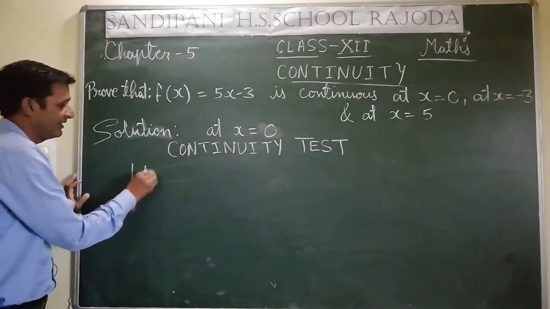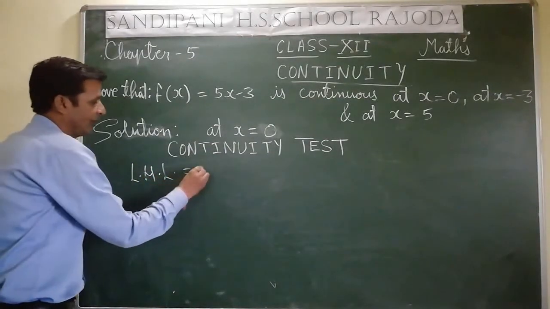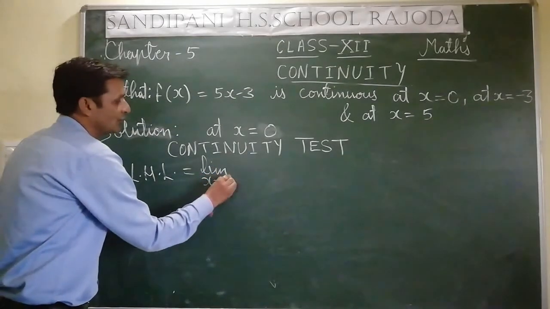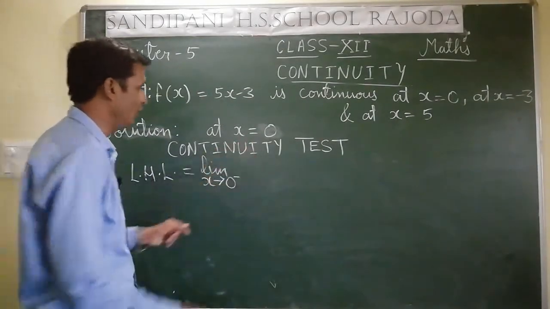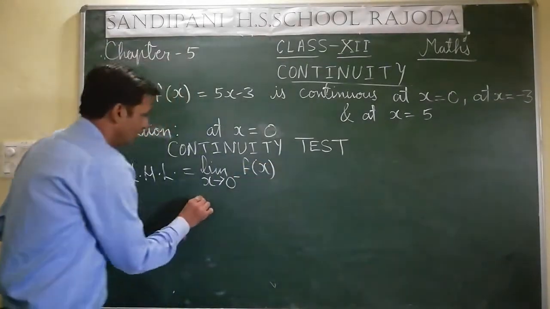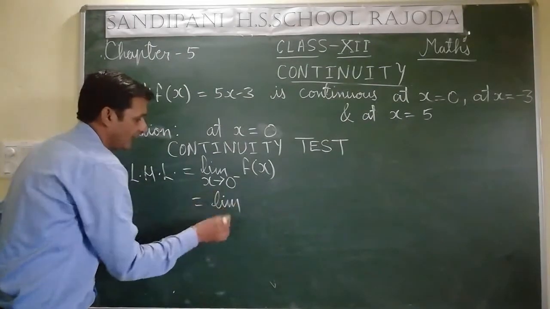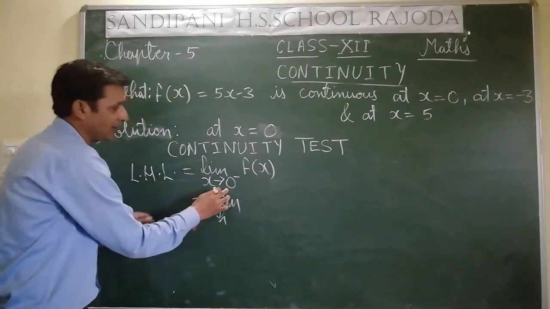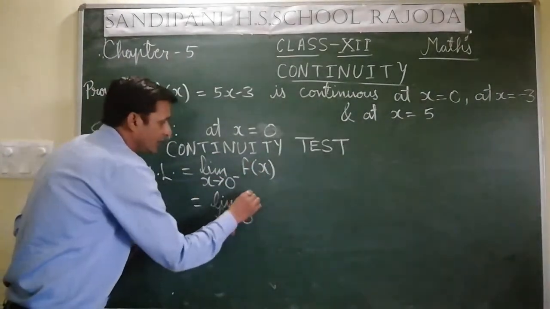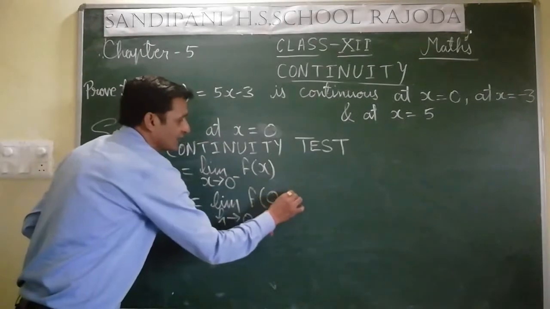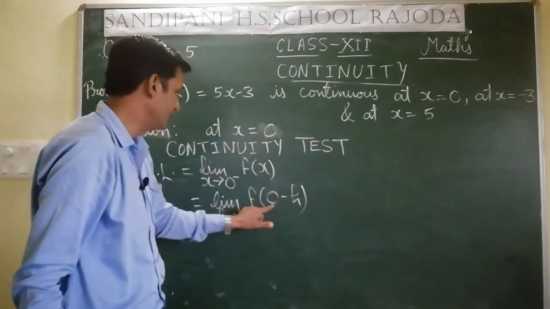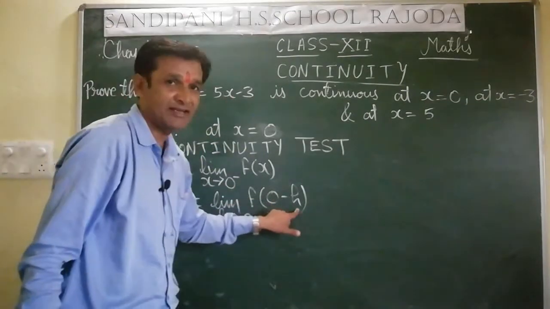So first of all left hand limit, that is equal to limit x tends to 0 minus, because we are checking it at 0, f of x, that is equal to limit, we have to change here this limit because this particular point we will have to include in the function. So h tends to 0, f of 0 minus h, means we have to put in this function in place of x 0 minus h we have to put.